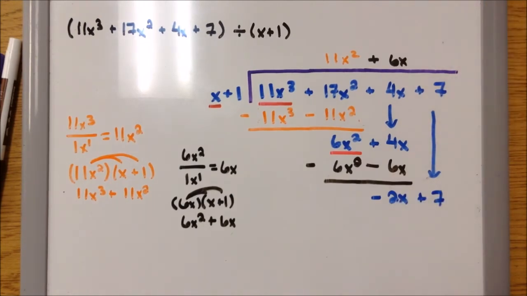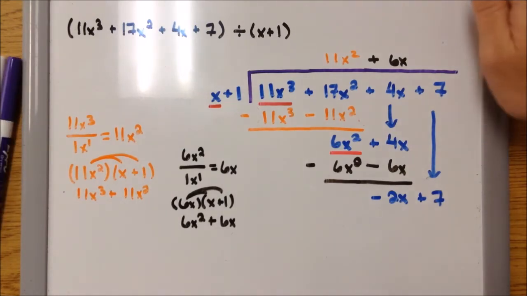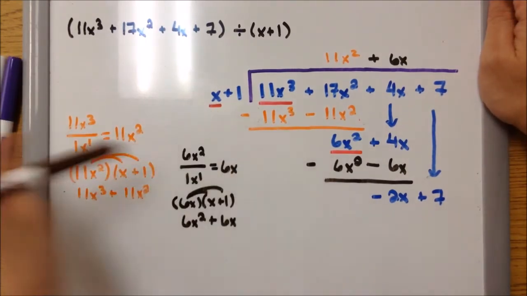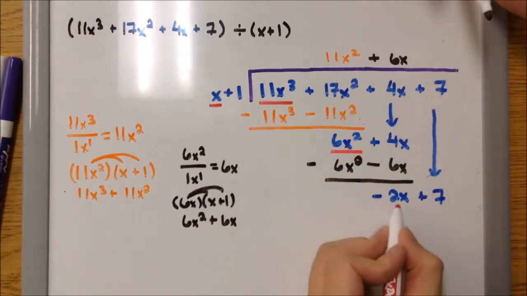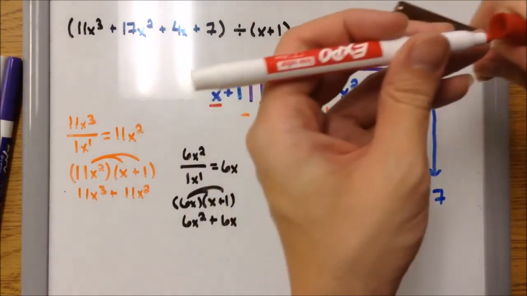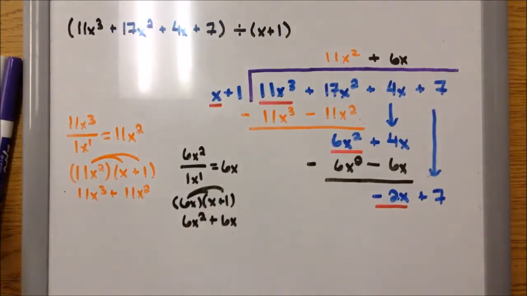Alright. So we are on the last stretch. So x and negative 2x.